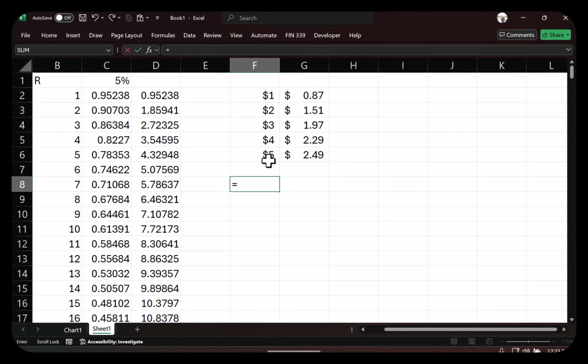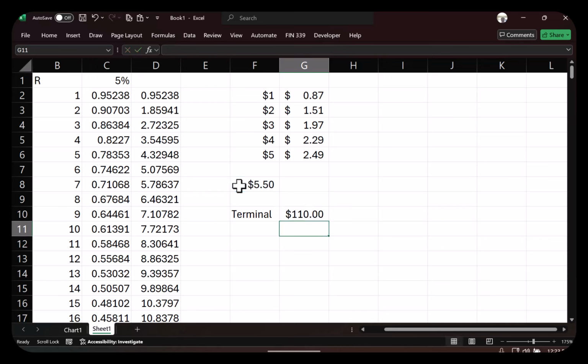Let's calculate D6. In year 6, you expect 5.5%. So the terminal value is that number divided by 15% minus 10%. And that should equal 110.